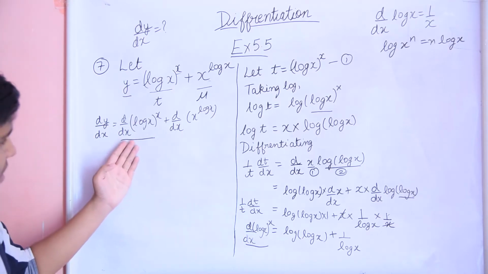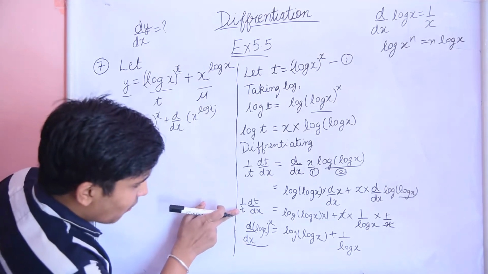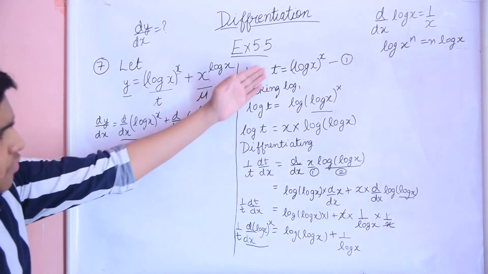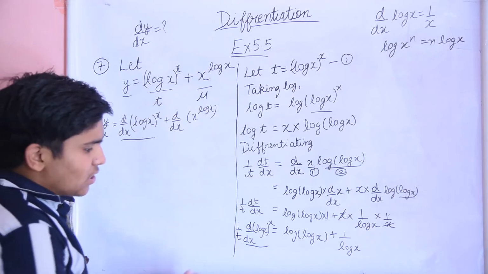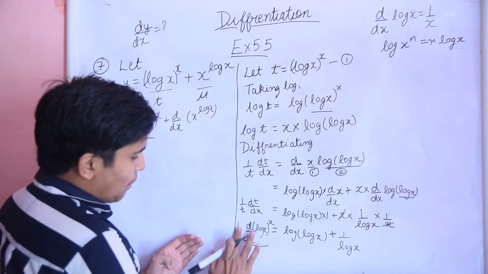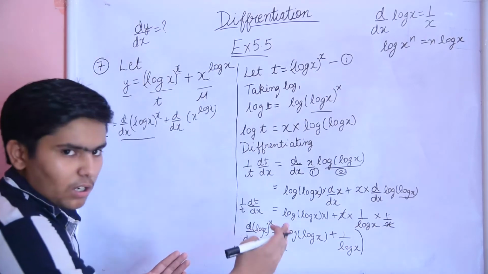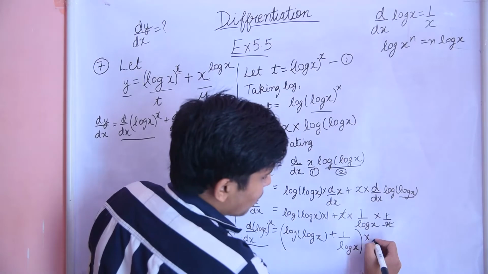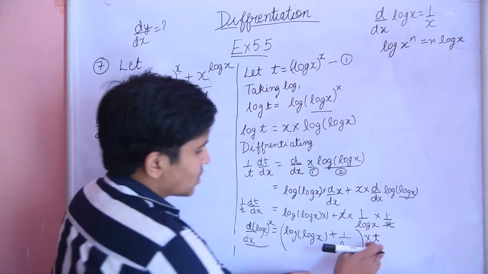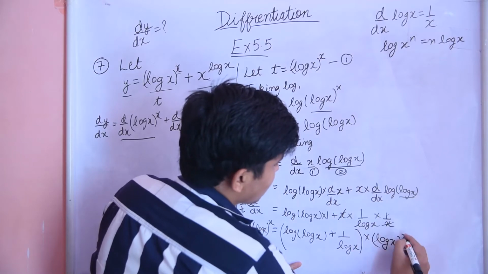As you are seeing, we have to calculate this, but there is a multiplication of 1 upon t here. And what is the value of t? t is (log x)^x. So for finding the differentiation of (log x)^x, we have to multiply this term into the RHS, putting the value of t, which is (log x)^x.